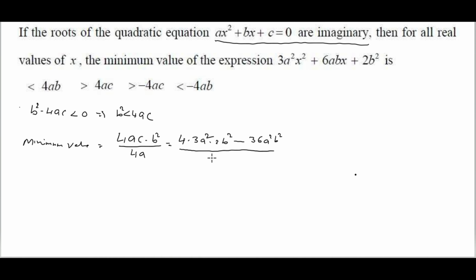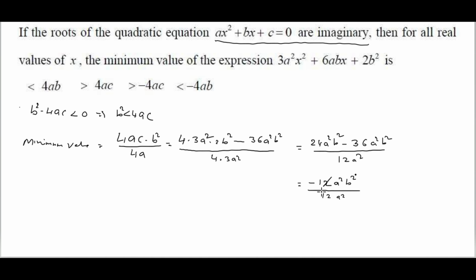That means 4 into 3a square, 4 into 3 is 12, 12 into 2 is 24, a square b square, minus 36 a square b square, by 4 into 3, 12 a square, that is equal to 24 minus 36, that is minus 12 a square b square by 12 a square.